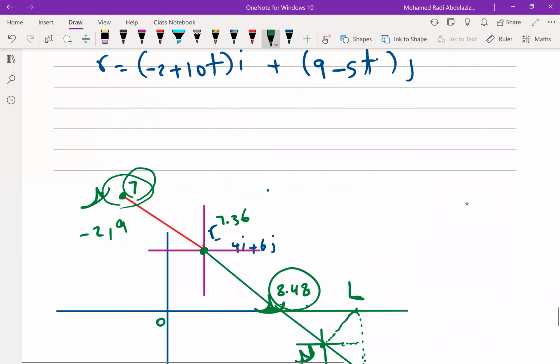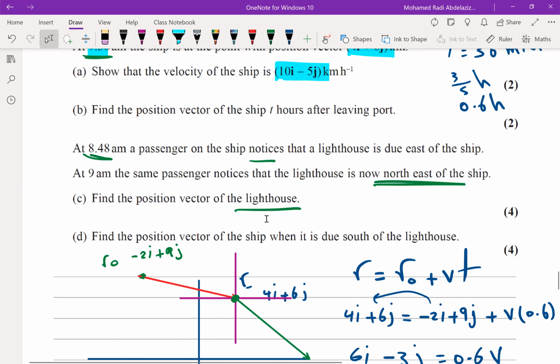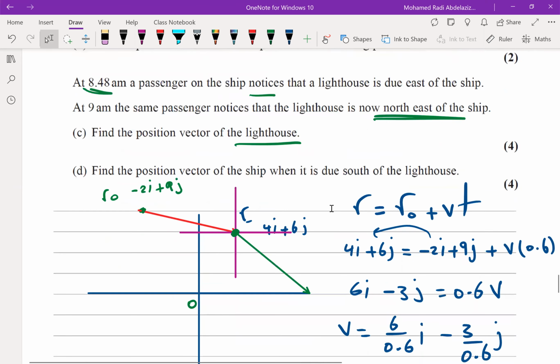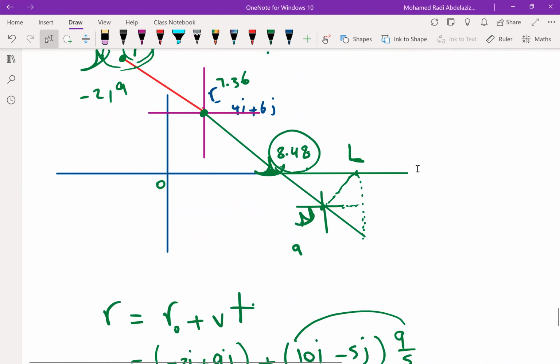So the final position for the ship, find the position vector. In part C, find the position vector of the lighthouse. The position vector of the lighthouse now will be in this direction. This part will be 16i.